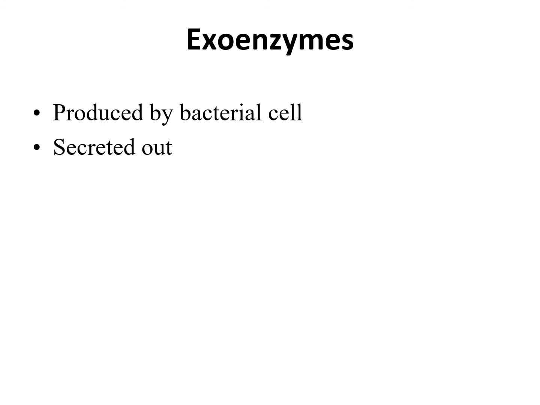Besides certain structures, some bacteria have exoenzymes that they make and secrete to protect them from some of your defenses. These exoenzymes are produced by the bacterial cells and secreted out. So these bacterial cells need to be alive so that they can express these enzymes and secrete them out to protect themselves.